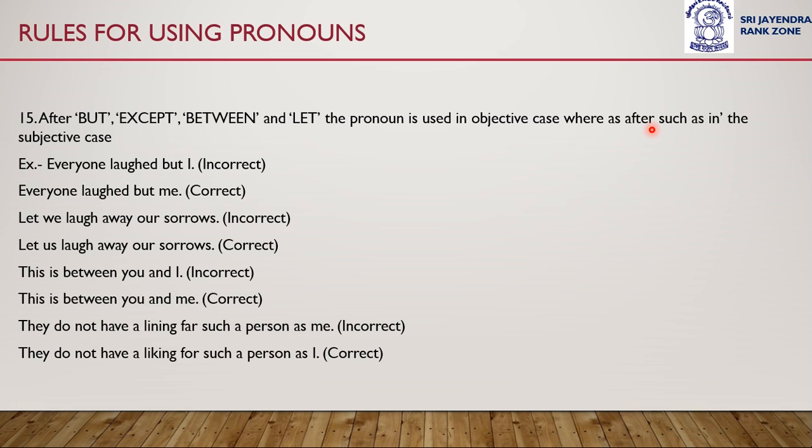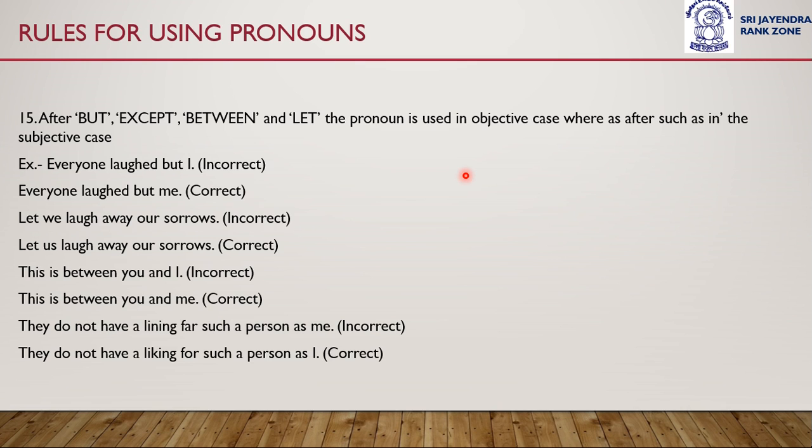So whenever we use but, except, between, and let in the sentence, the pronoun used is in the objective case. Alright, for example, everyone laughed but I is an incorrect statement. Why? Because the correct statement would be everyone laughed but me. Okay, we have to use the objective form.